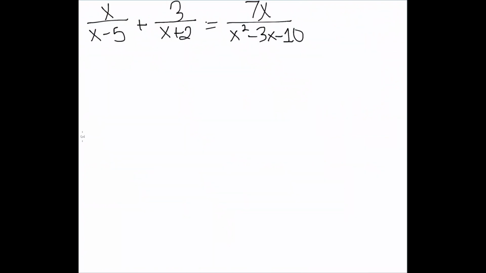Here, x over x minus 5 plus 3 over x plus 2 is equal to 7x over x squared minus 3x minus 10. So it's important to note here that the first step is to factor this last fraction, which does factor to (x minus 5)(x plus 2). And then we can find our common denominator. We have an x minus 5 on the bottom and an x plus 2.